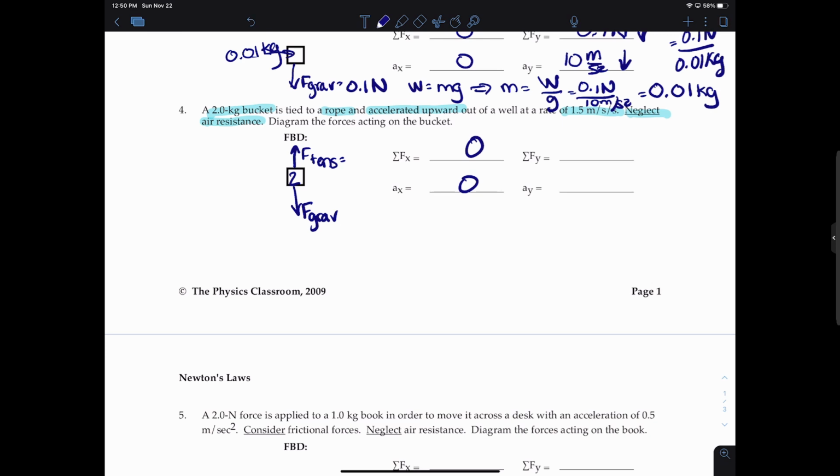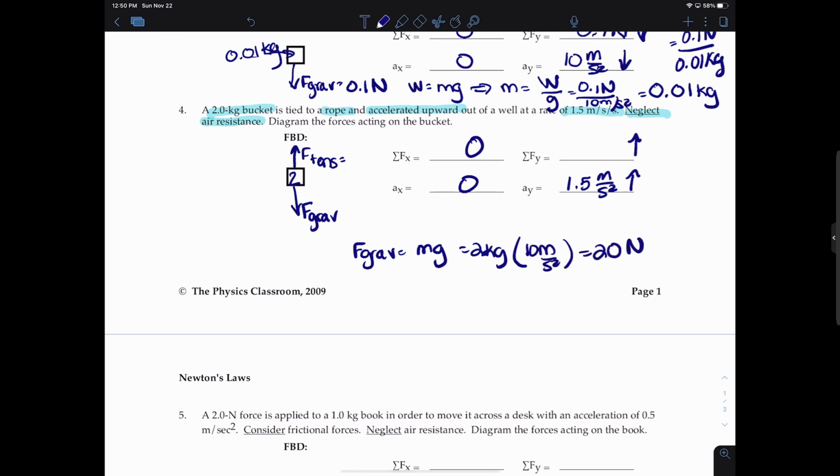So figuring this out, it says an acceleration of 1.5 meters per second squared, and it's going up. So we know our net force is also up. Our force of gravity is equal to mass times g, which is 2 kilograms times 10 meters per second squared, which is equal to 20 newtons.